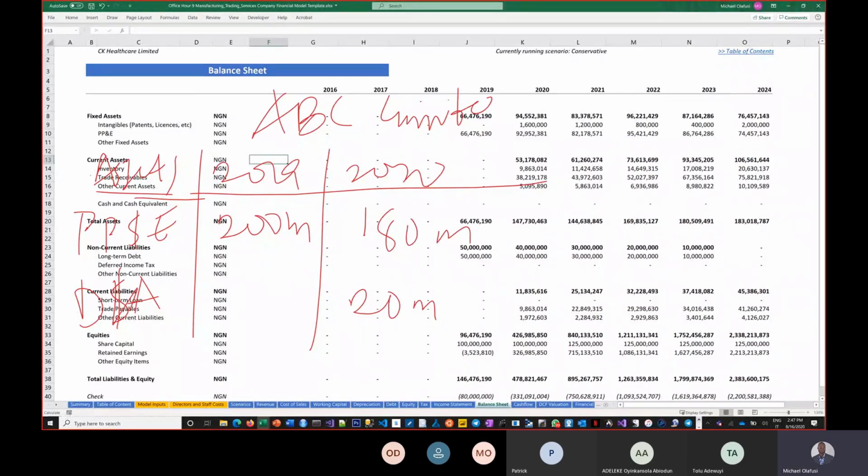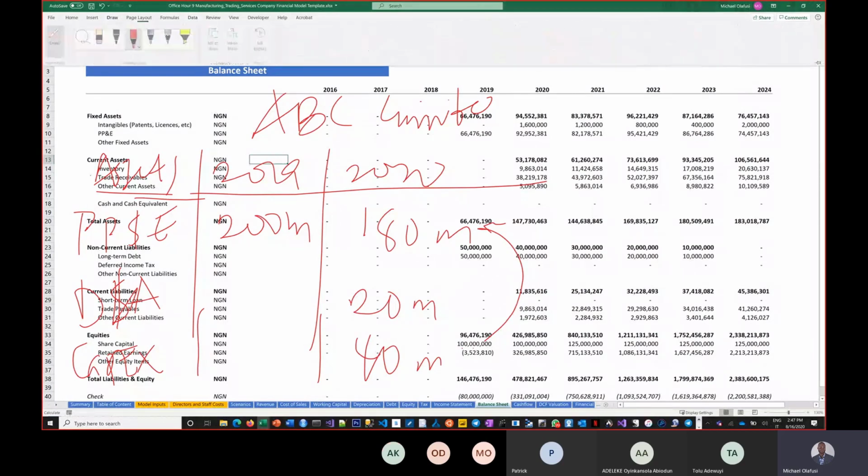So now, what if the company bought new assets? If there was a Capex of, say, 40 million naira this year, you will find that this Capex of 40 million naira will flow into here, and what you will have will be the net book value.